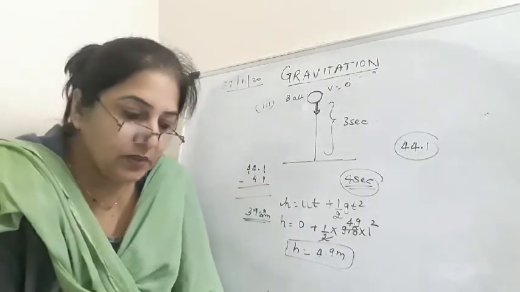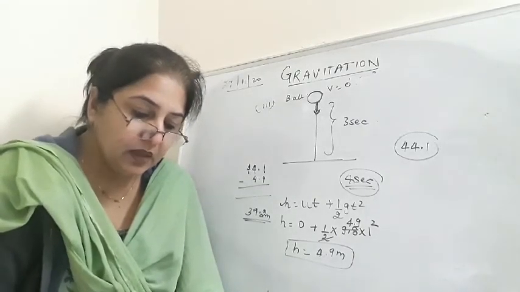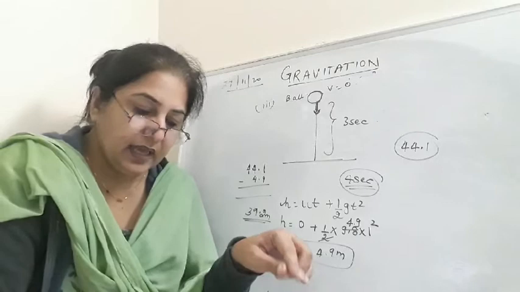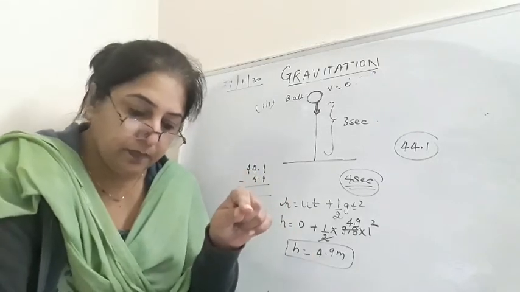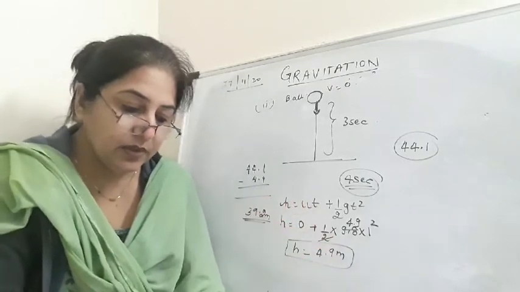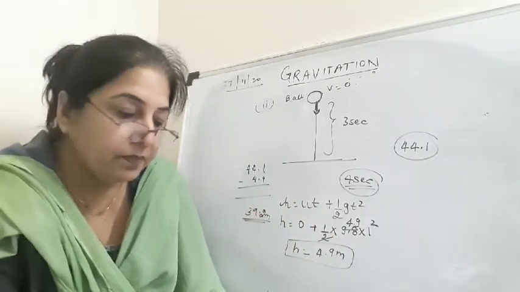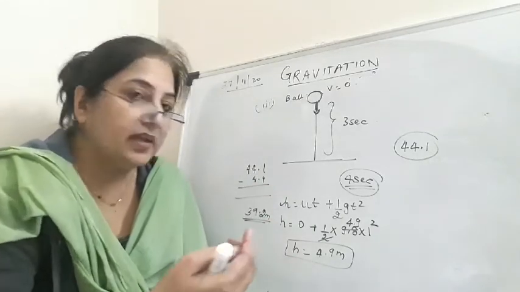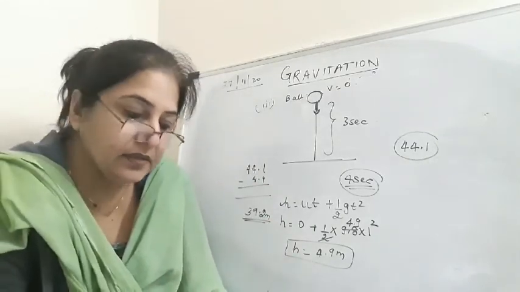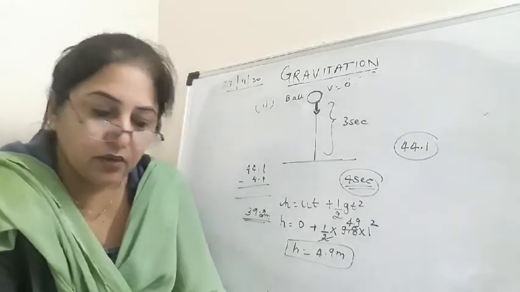Okay, so I hope this question is clear to you that firstly, we calculated the velocity at which the ball was thrown up. Okay, that came out to be how much? We just now calculated. It was 29.4. Then height we calculated by the third equation, and check out the calculations and then see whether 44.1 is correct or not.